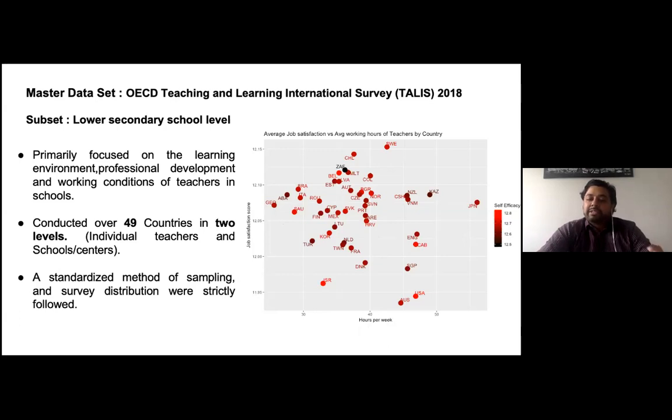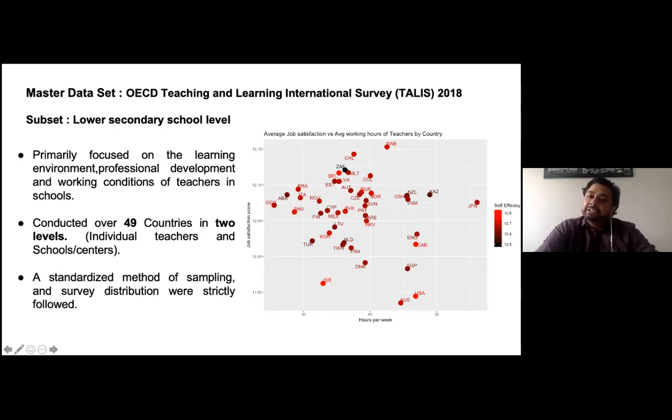They have provided a standardized scaling method to convert all those qualitative survey questions to numerical values so that we can use numerical analysis on that. And the color code actually shows the self-efficacy of those individual teachers.